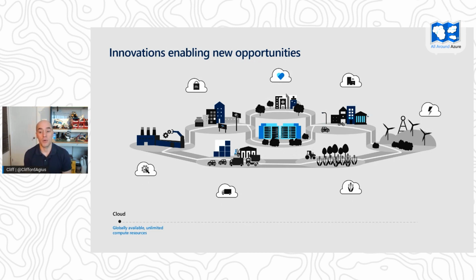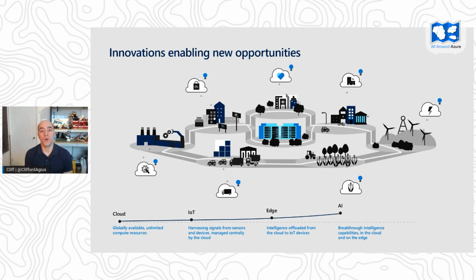And essentially, we have globally available, virtually unlimited compute resource in the cloud. So rather than just having a computer that's in your own office, you have this resource up in the cloud. You connect your IoT devices, you can ingest millions of data points every second from all your IoT-enabled sensors and devices, and you can manage them centrally as well. So you can manage all these sensors in one place, could be anywhere in the world.